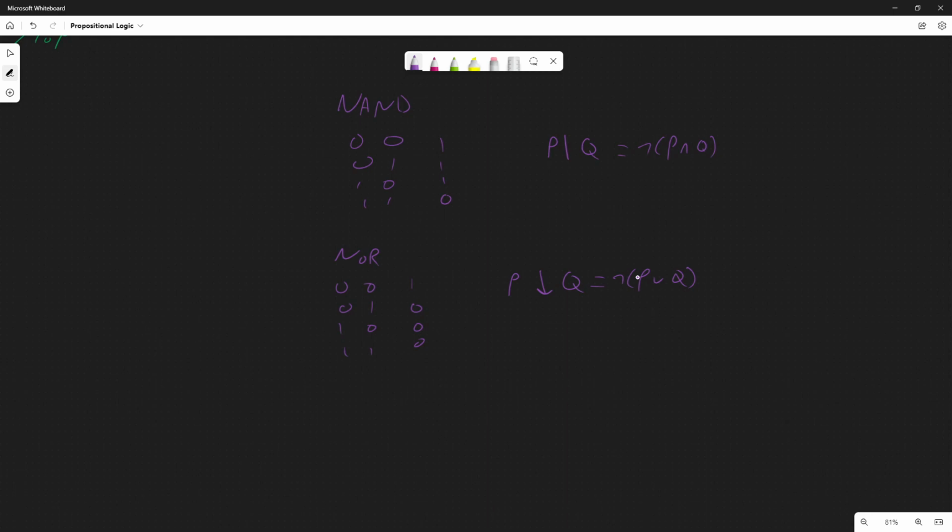They don't come up too often, fairly rarely, I think. NAND and NOR come up a fair bit, but the arrows and the vertical lines, less so. And again, to draw these, you simply draw the regular circuit and put a dot at the end. For NOR, it is our regular OR with the dot at the end.